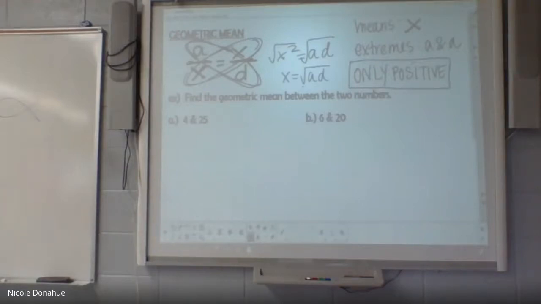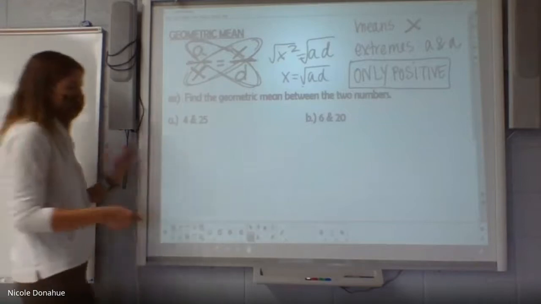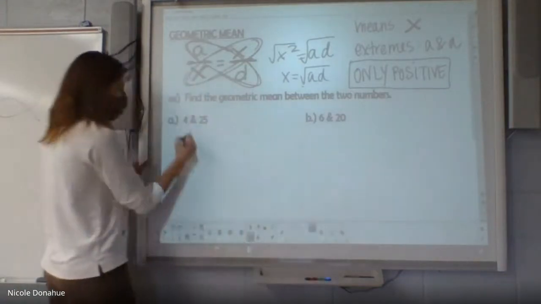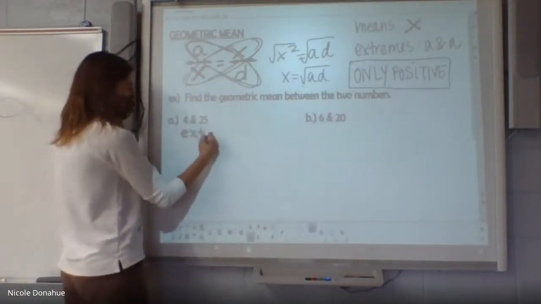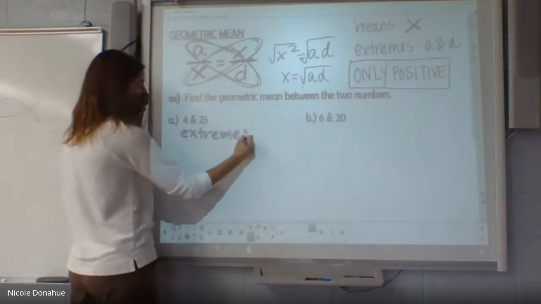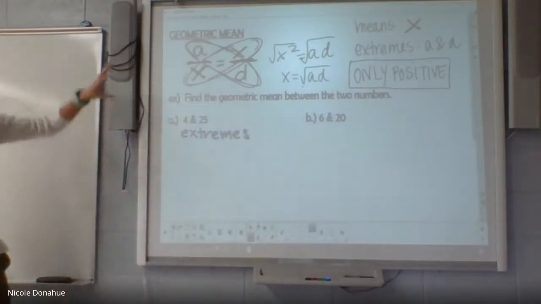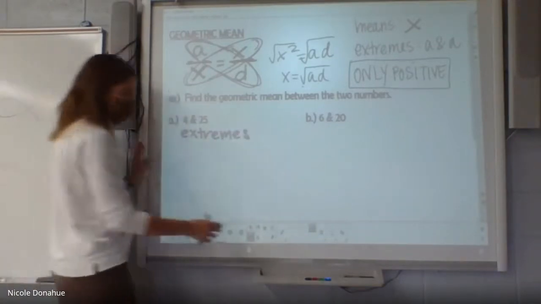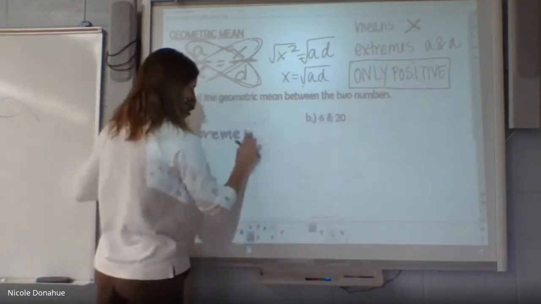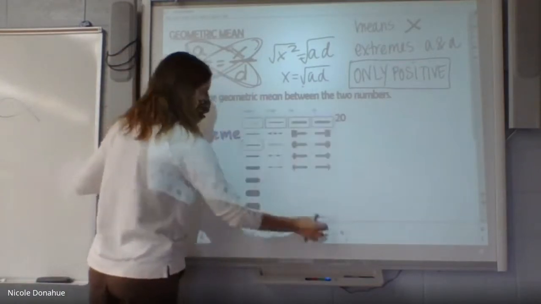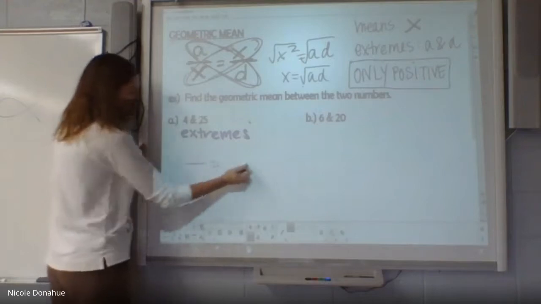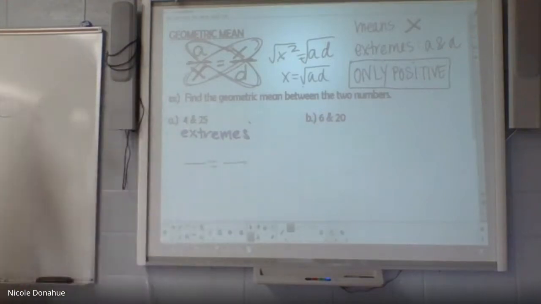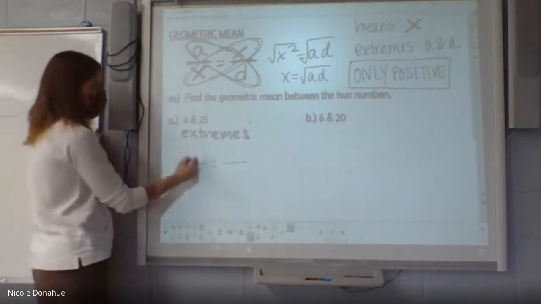So the geometric mean between these two numbers. What this means is these are the extremes. So I'm going to tell you guys to put those on opposite parts of the fractions. So we're going to make this proportion, and the 4 and 25 are going to go diagonally from each other.